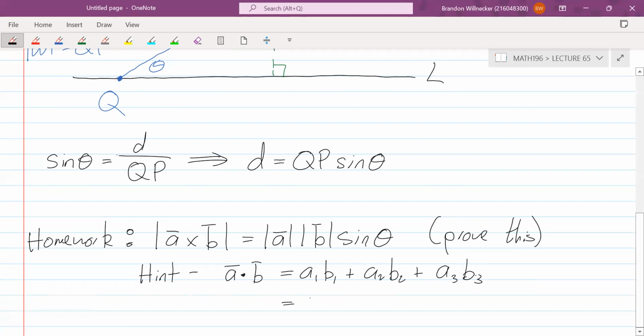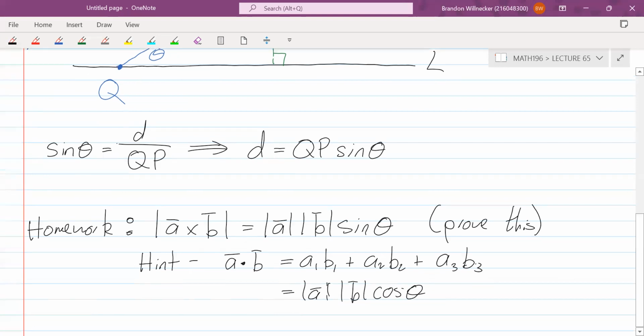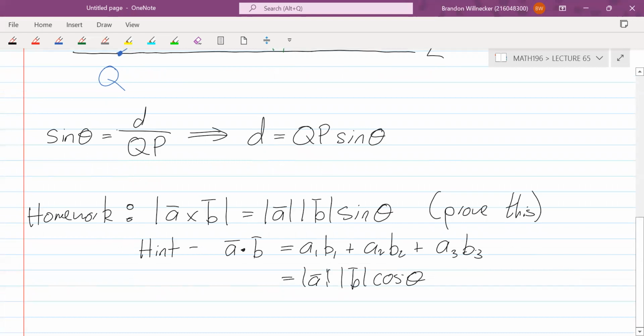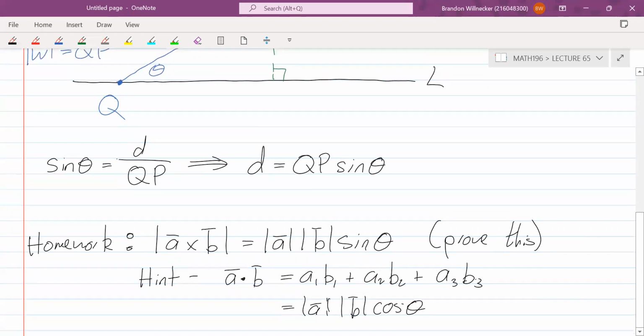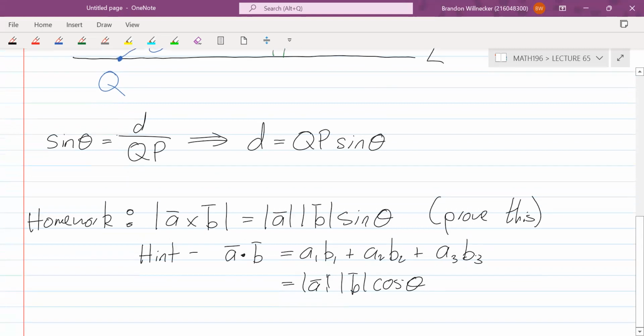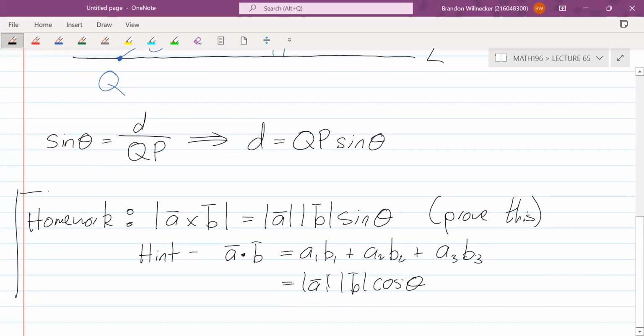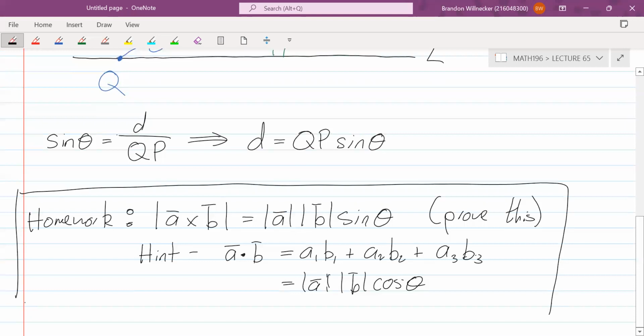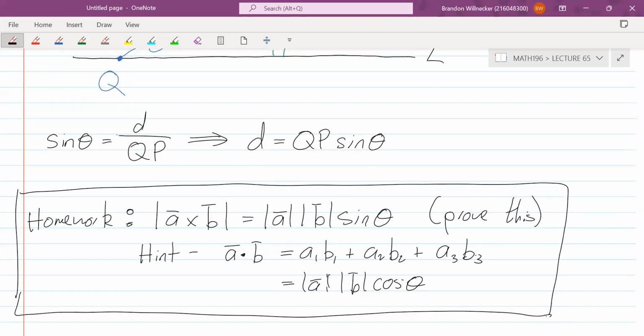We can also write this as the length of A times the length of B cos theta. Remember, we used that with our work on projections. Okay, so you can use this hint to prove the following formula here for the length of A cross B. Okay, so that's going to be the homework, but we're just going to use this formula now. You can go prove it later.